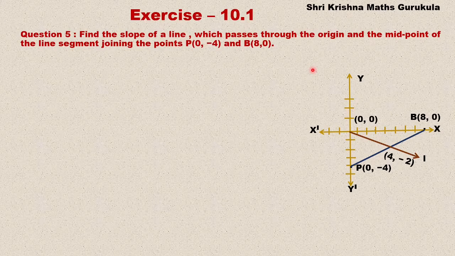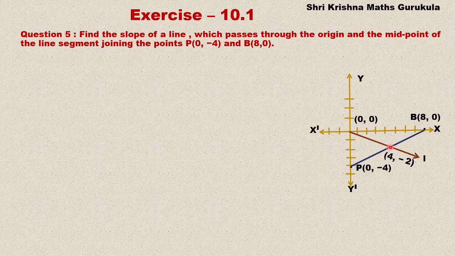So we cannot find the slope using that criterion. Now we need to find the slope using 2 points on the line. We know it passes through the origin, so we already know 1 point. We need to find another point through which the line passes so that we get 2 points and can find the slope of the line.